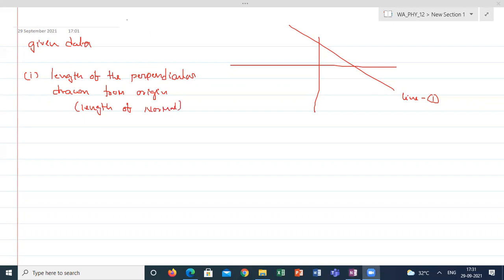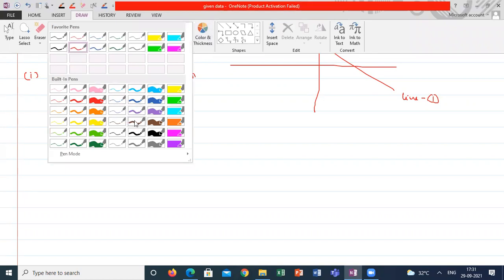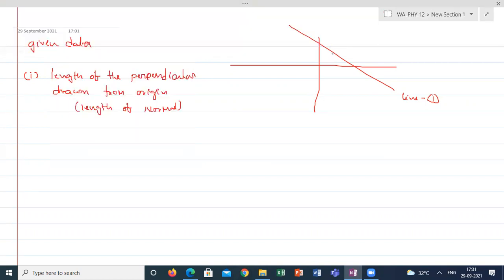So I'm showing it with a different color. Here they gave this value. This is O, and you can take this as a point A, and I have to calculate the equation of line L. So this is my y-axis, this is my x-axis.